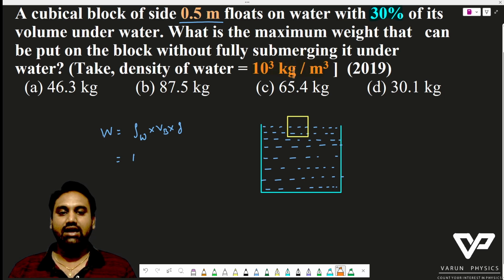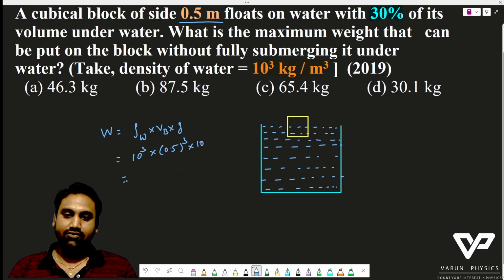So the density is 10 to the power of 3 into the volume of the cube block. The volume of the block is 0.5 whole cube into 10. Since they have not given anything, I am just doing the approximation.